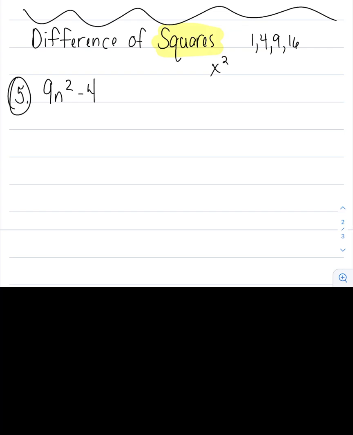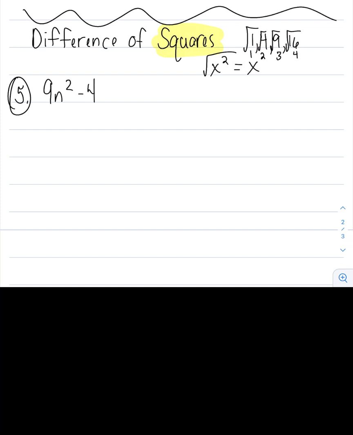So if I had x squared, to undo that, I take the square root, and the square root of that is x. So the square root of 1 is 1. The square root of 4 is 2. The square root of 9 is 3. The square root of 16 is 4, and so forth.